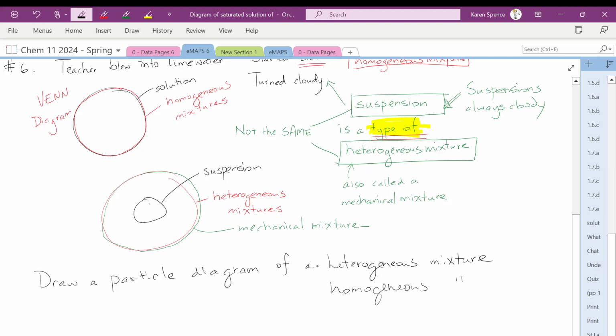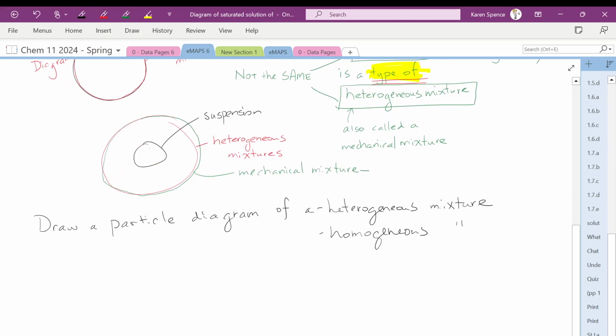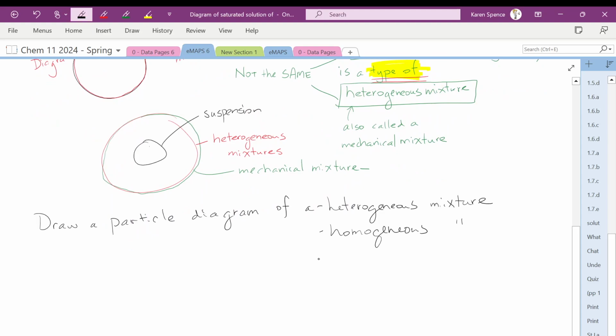And while you're at it, I would like you to draw a particle diagram of a compound. In fact, let's say a sample of a compound, so you're not just doing one particle. A sample of a compound. A sample of an element.